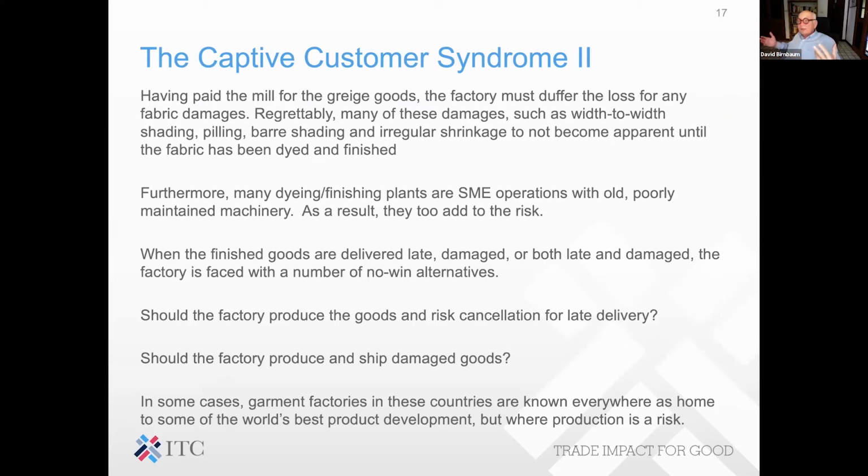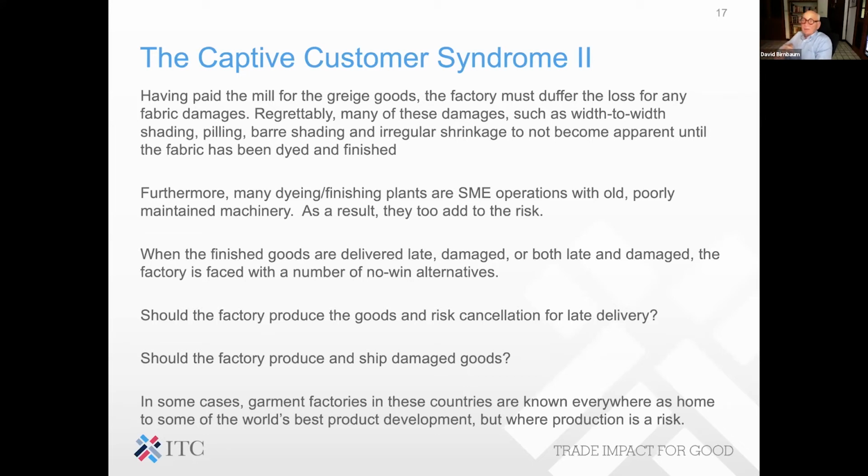What is the factory to do when the goods are given out to dye and they discover damages resulting either from the dye or damages, such as barré shading, that they could not tell at the outset? Well, the mill doesn't care. They paid for the fabric. What is the factory going to do?